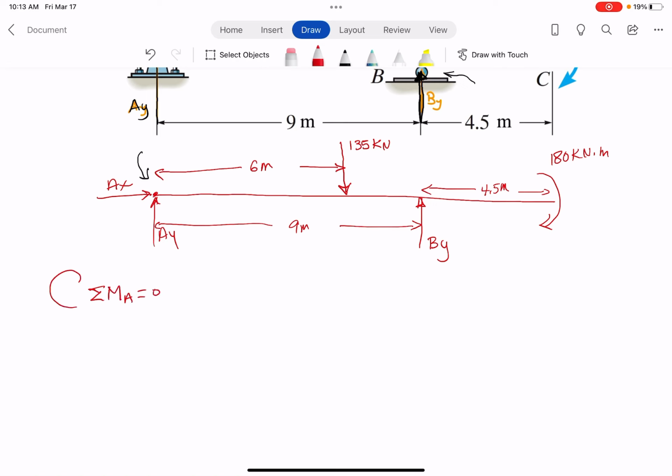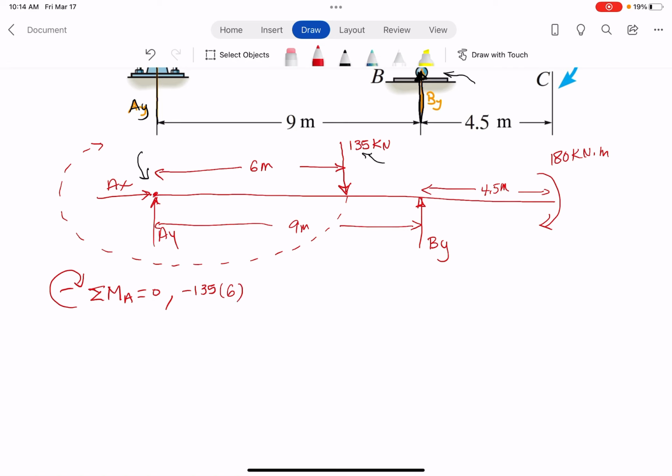And I'm going to assume this direction is negative. This will make this force create a negative moment. You can see that this will rotate clockwise around point A. So negative 135 times the perpendicular distance from that force to point A, 6 meters.